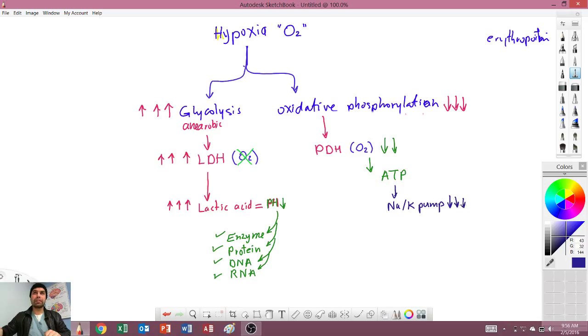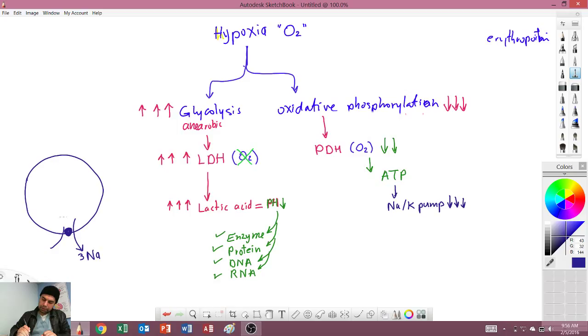Without it, it cannot function. Let's say this is the pump. What's the function of the sodium potassium pump? It pumps sodium out and potassium in, exchanging 2 potassium for 3 sodium.